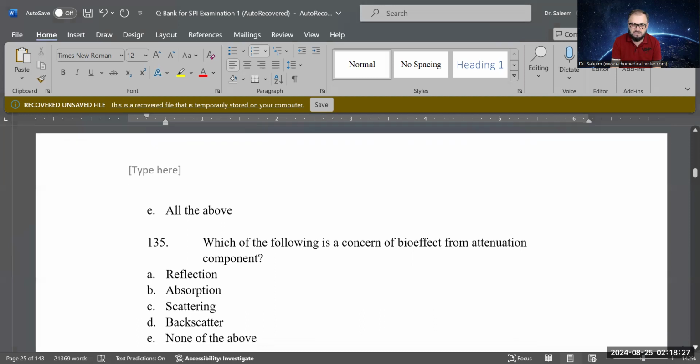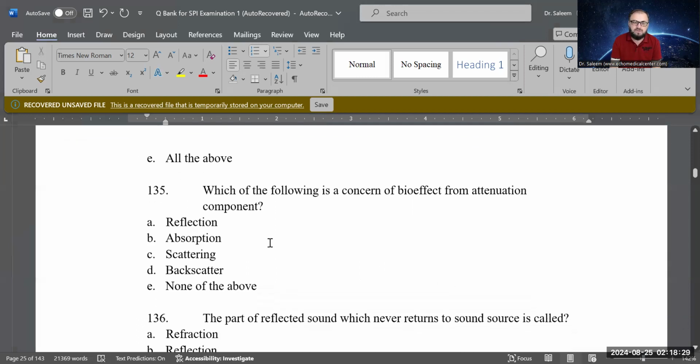Okay, next question. Which of the following is a concern of bioeffect from attenuation components? Which one can cause bioeffect? Is it reflection? Is it absorption? Is it scattering? Is it backscattering? Or none of the above? Yes, I also agree with you.